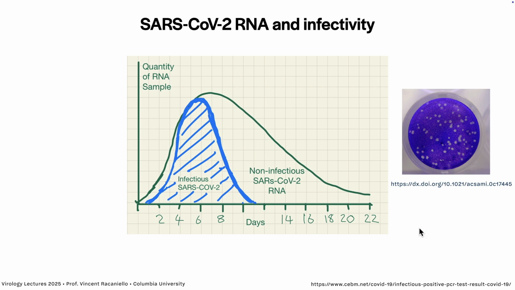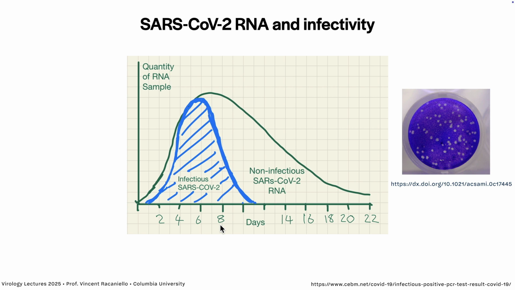Surprise. Remember early in the COVID pandemic, if you were PCR positive, you had to stay home. How did we know that you were actually infectious? Well, we didn't. Eventually, people did experiments to sort that out. We do have a plaque assay for SARS-CoV-2, but nobody did them. As a clinical assay, a plaque assay is difficult. Hard to automate and hard to do a lot of assays at once.